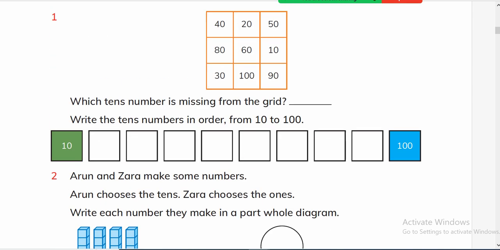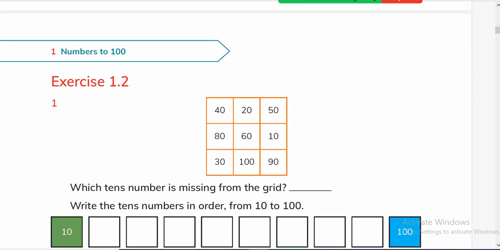Okay, now what is this page? Exercise 1.2. Which tens number is missing from the grid? Okay, what is missing from the grid?